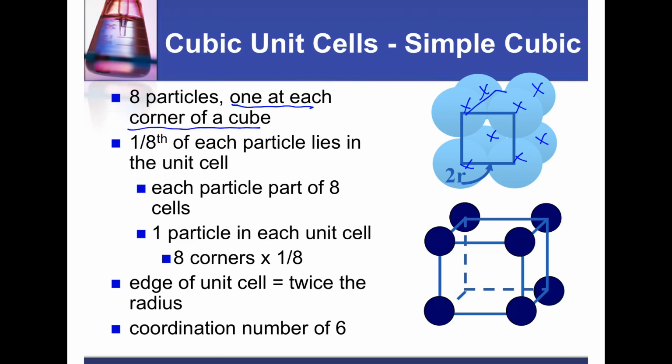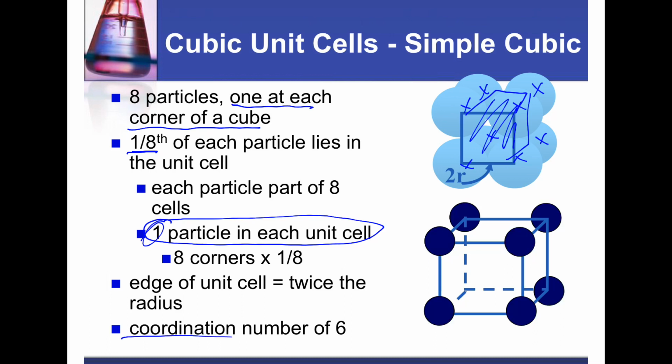If you count up just the atoms that are on the inside of the cube, so how many atoms are contained within the unit cell, there would be an 8th at each corner, so that means that 1 particle total is in each unit cell. I know that it involves the combination of 8 different atoms, but we only get an 8th of each one of those atoms on the inside of the unit cell. So the total there is 1 particle on the inside. The coordination number of each atom is 6.